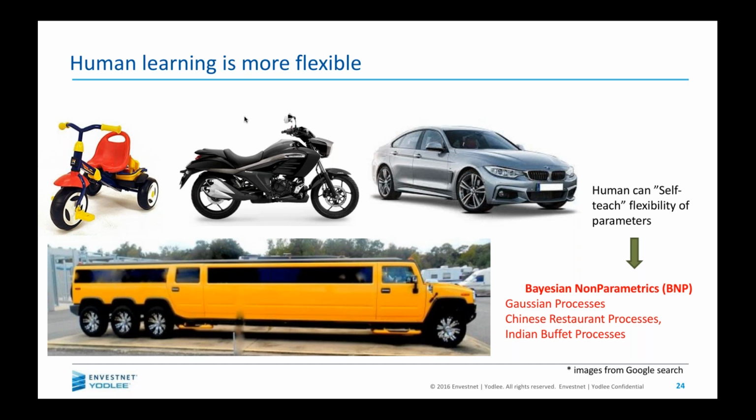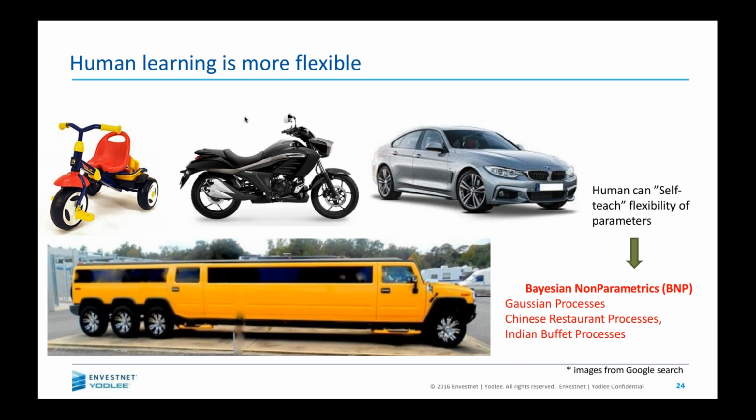CRPs, or Chinese restaurant process, help you change the number of clusters that your data may fit in as the amount of data changes. And so if people in the audience are looking at data which is highly dynamic in nature, and if they're struggling with changing their model topology constantly, I would encourage them to look at these two topics.